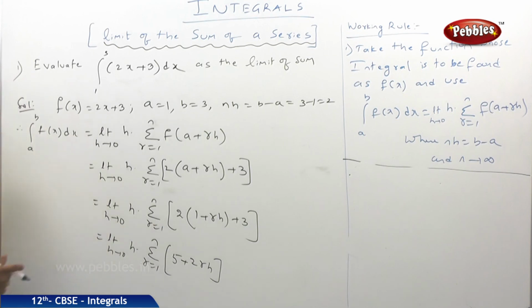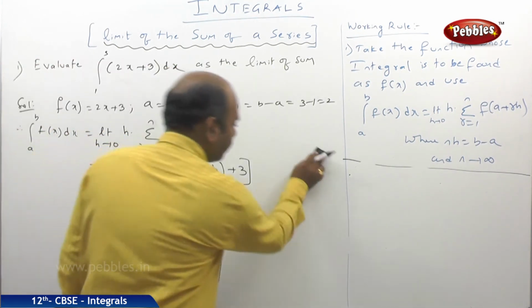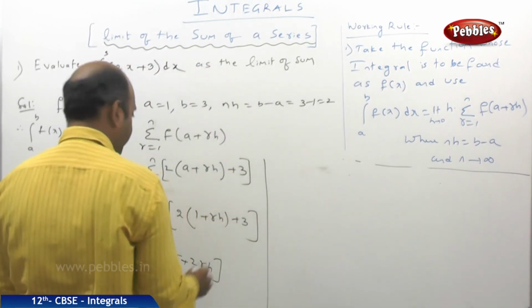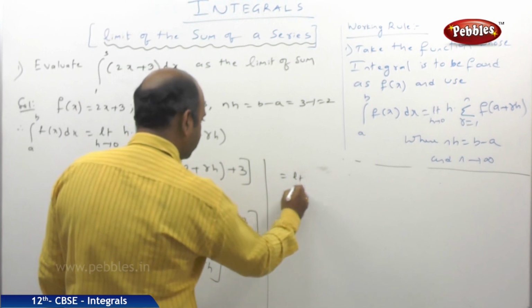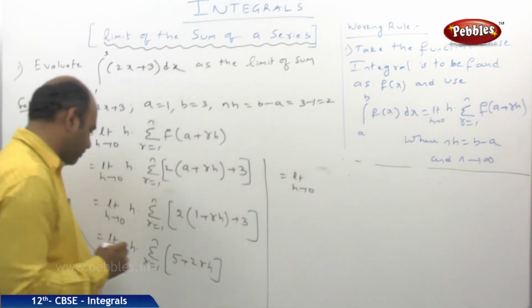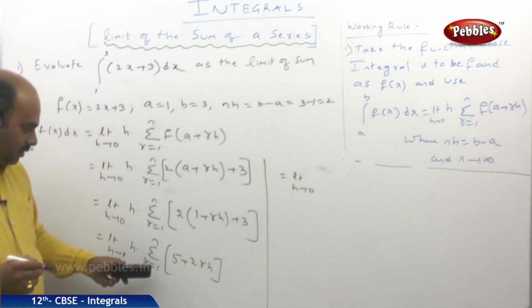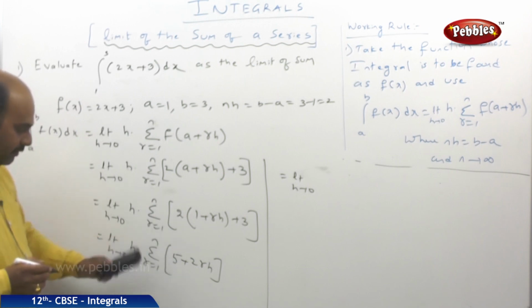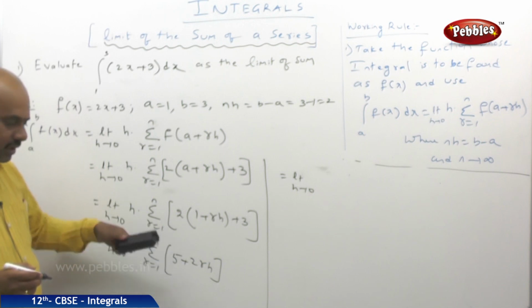2rh for us. Now I shall be using all the summation properties. So later, I will try to use more space, that is equal to limit h tends to 0, summation r equals 1 to n of 5, which means 5 into summation r equals 1 to n of 1.